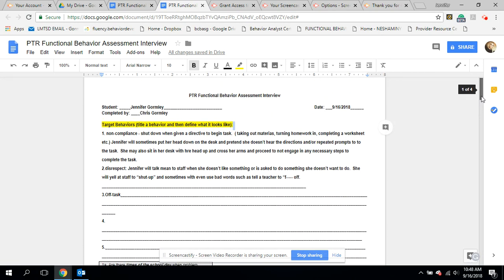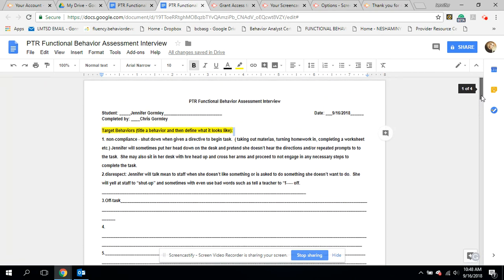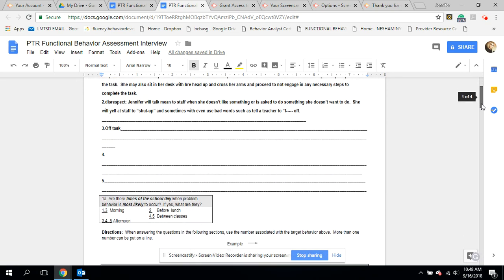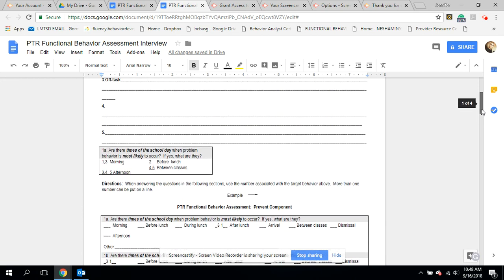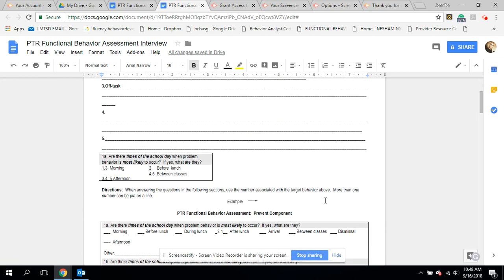So if you get this form from me, please know that number one, fill it out to the best of your ability and really just focus on this target behavior section. And if you can answer the rest, great. If you can't, just put a note saying not able to answer, or not enough information, or NA, or not applicable.